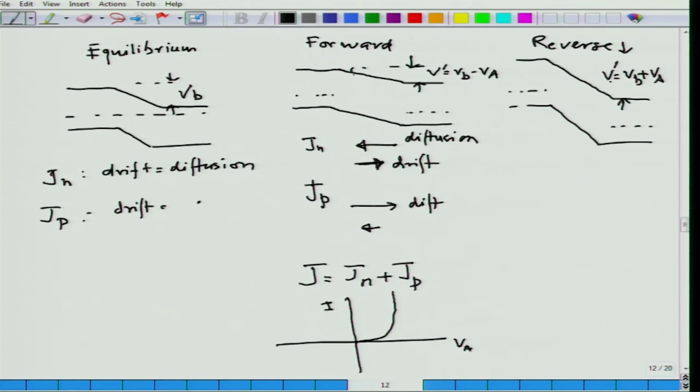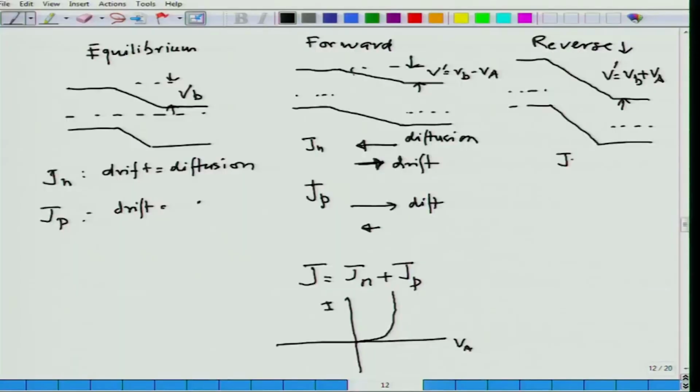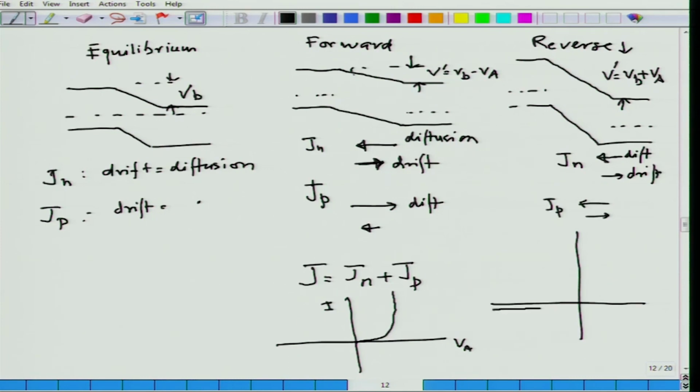It reduces considerably the diffusion current across the junction, and hence there is very little change in the drift. The diffusion remains small, and the drift is almost equal, and the same thing happens to the holes. Both the currents are almost equal, and as a result theoretically when I go to the reverse bias, I should have a very small current.